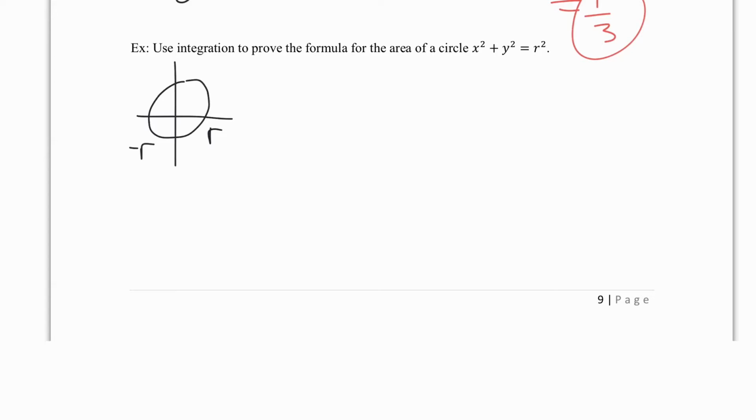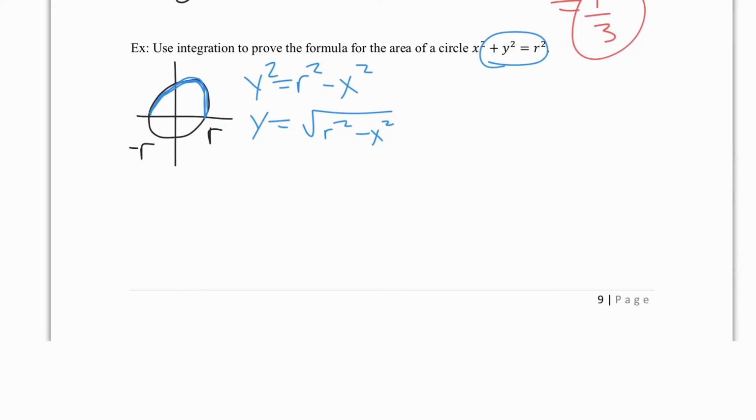Now, we need this curve along the top because we need that as a function. Well, that would be isolating for y in this equation. So y squared equals r squared minus x squared. So y equals technically plus or minus the square root. But we're going to take the positive square root, which means we're taking the positive portion.